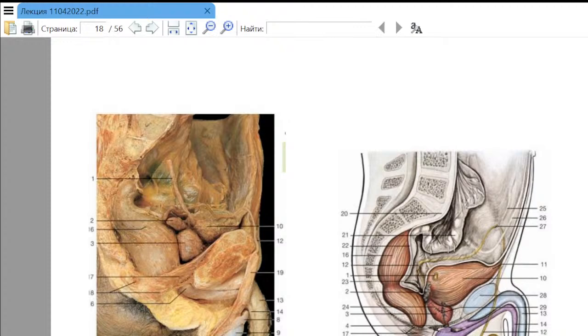You see the spermatic cord. This is the testis, epididymis, the male genital organs in situ, right lateral aspect. You see the epididymis, spermatic cord, vas deferens, ductus deferens.